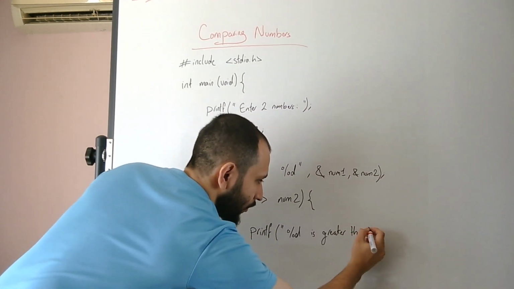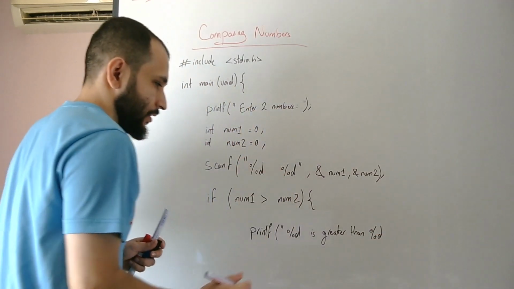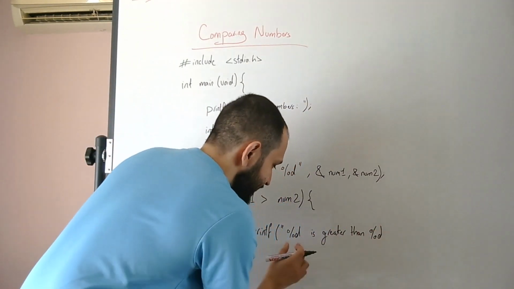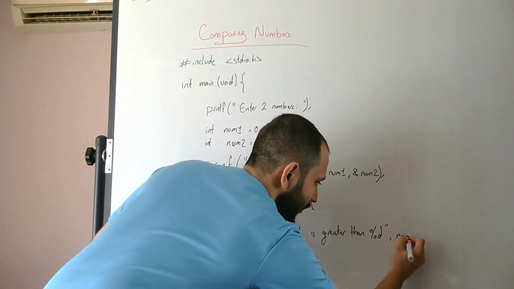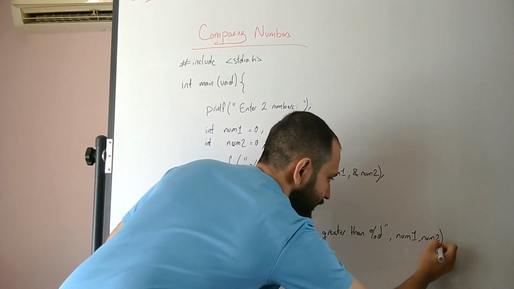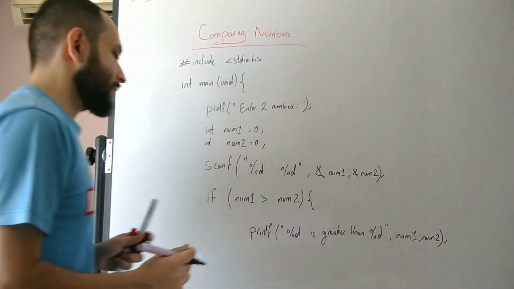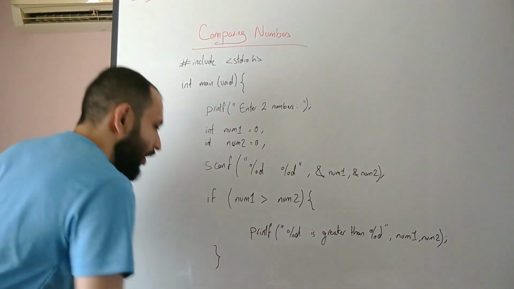We will provide conversion specifiers because we want to replace them with the actual numbers, so num1 and num2. And at the end of the if block.